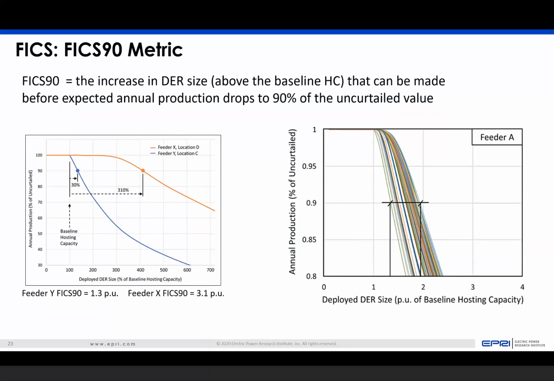just to drive home this point a little bit further, the graph on the left is two different feeders and at two different locations on the feeder. So you can see the blue line shows that you can increase your flexibility. Your FICS 90 is around 1.3 per unit, in comparison to the uncurtailed annual production.